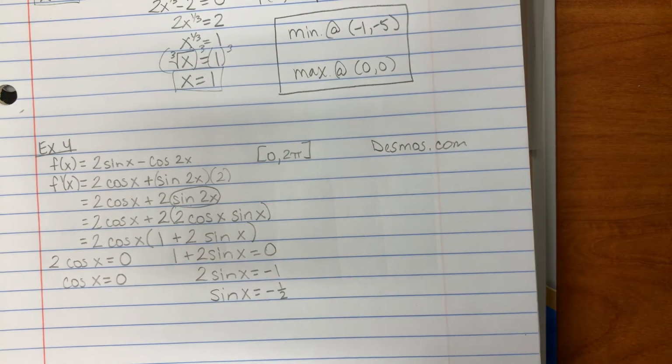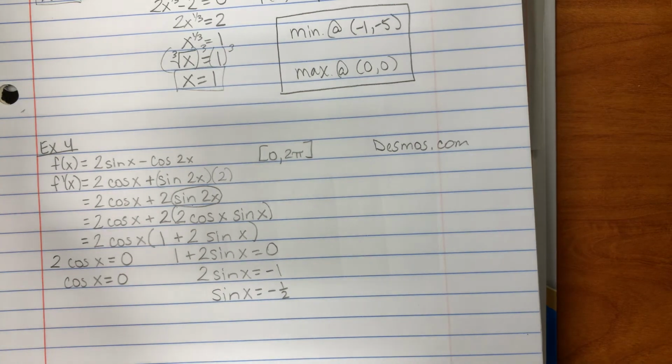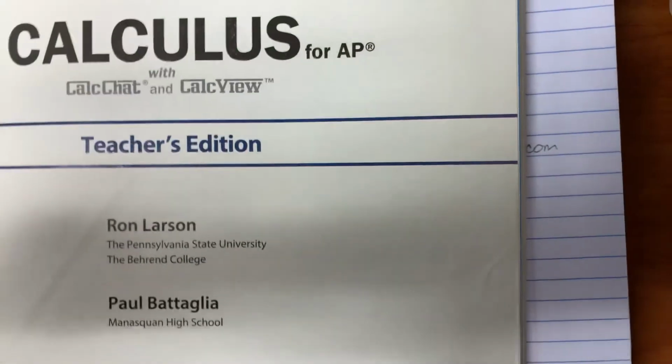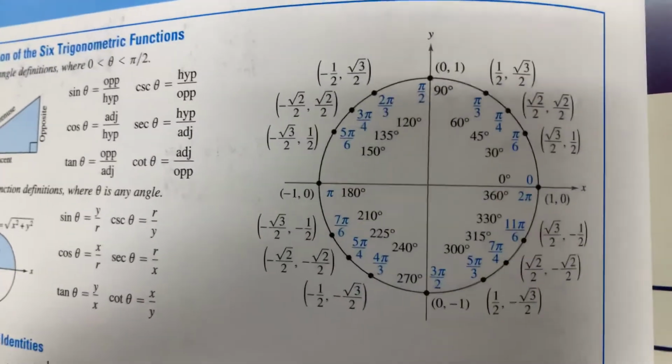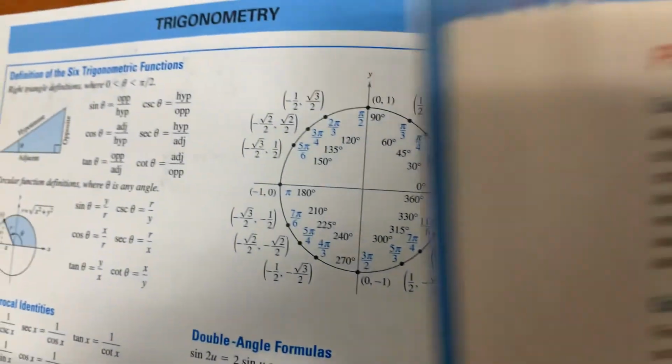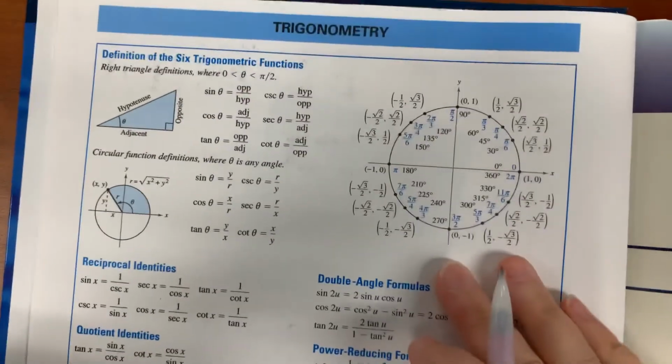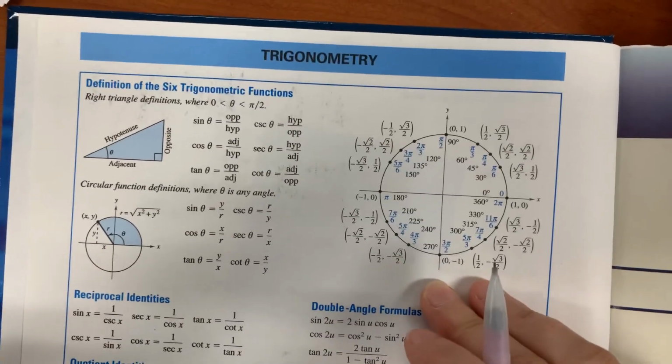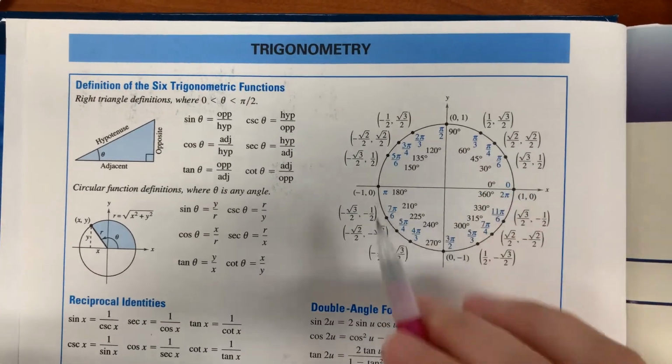So if you go back over to your unit circle, I'm just going to show you the unit circle real quick. I am looking for when is cosine of x 0? Remember that your cosine is your x value on here.